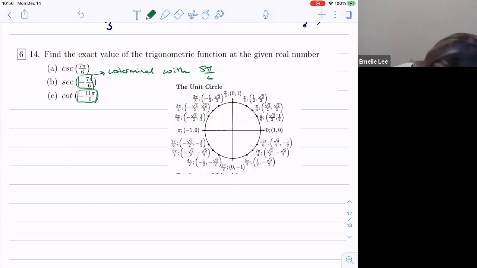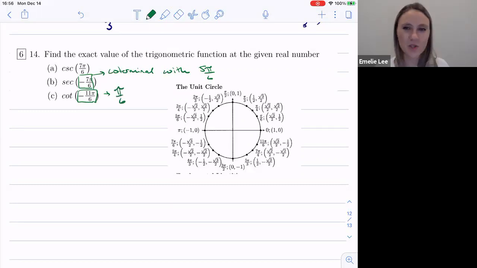And this one here, negative 11 pi over 6, is coterminal with pi over 6, right? That's just so that we can skip to just solving the problem, right? But that's part of solving it when you're doing it. But just so we have those laid out.